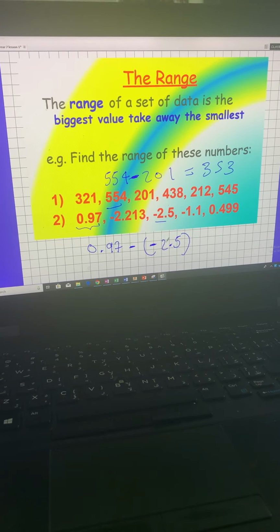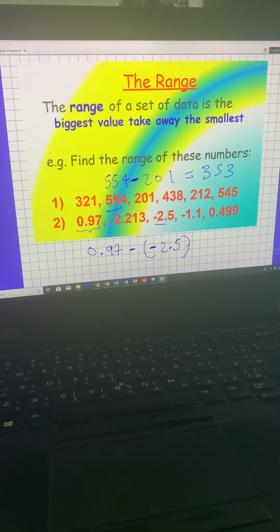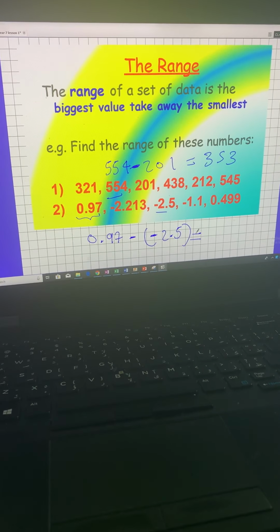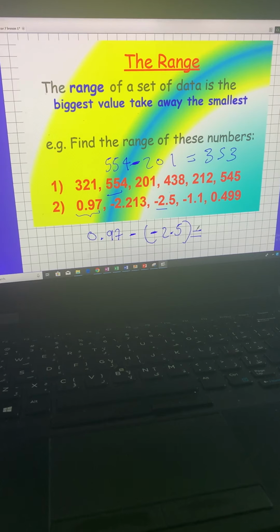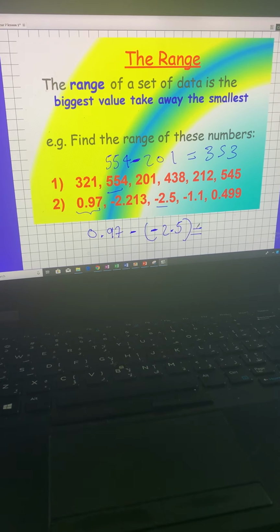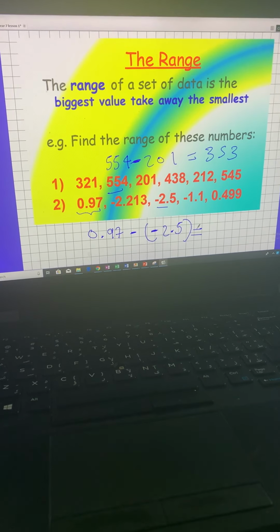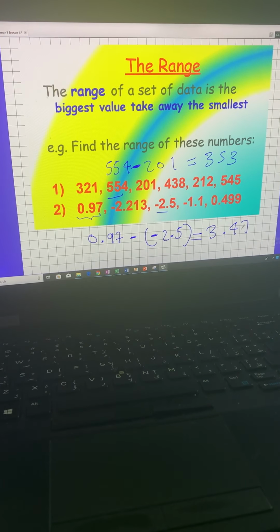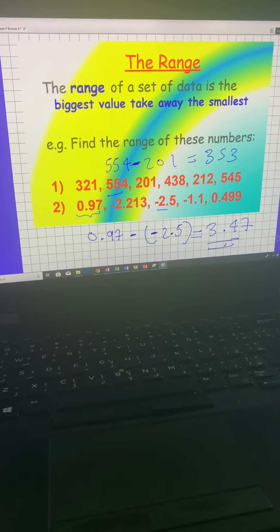That's not correct because my value is negative 2.5. So always write it out to avoid mistakes. So 0.97 on my calculator, minus a minus becomes a plus 2.5, and that would give me 3.47. And that is your range.